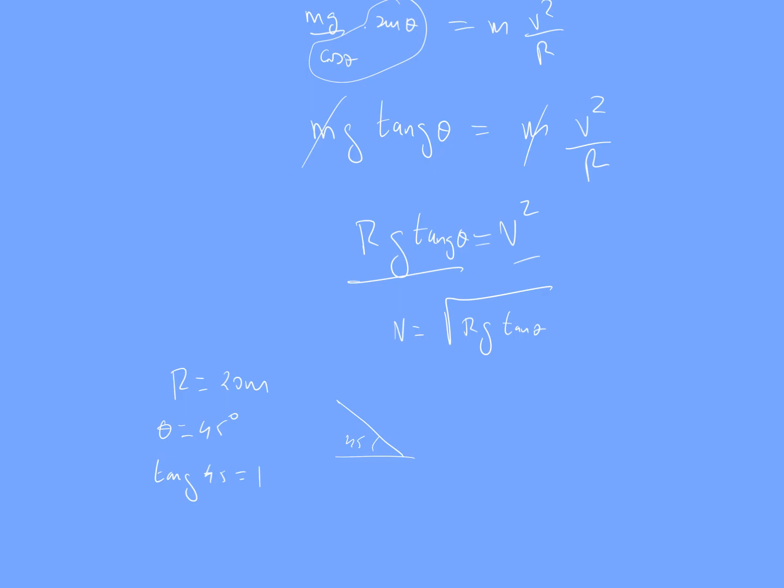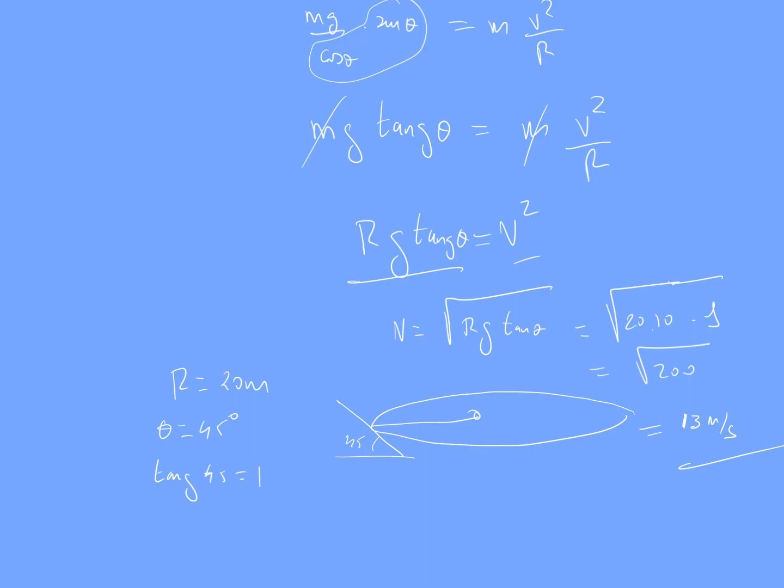The radius of the motion that you are going to produce is 20 meters. At what velocity can you take it? A square root of 20 by g, which is 10, by 1, a square root of 200, something like 14 meters per second.